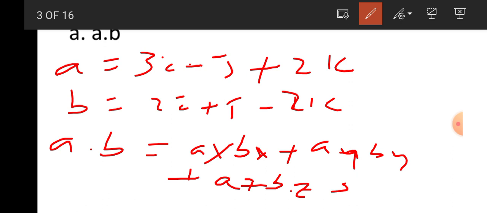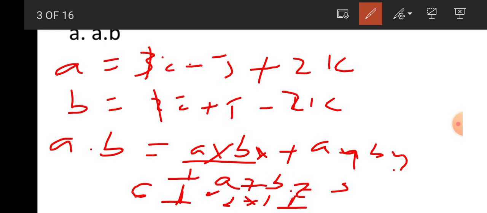So this is equal to ax bx ማለት 3 times 2. 3 times 2 means 6 plus ay by means ay here 3, minus 1 times 1 plus 2 times minus 2.